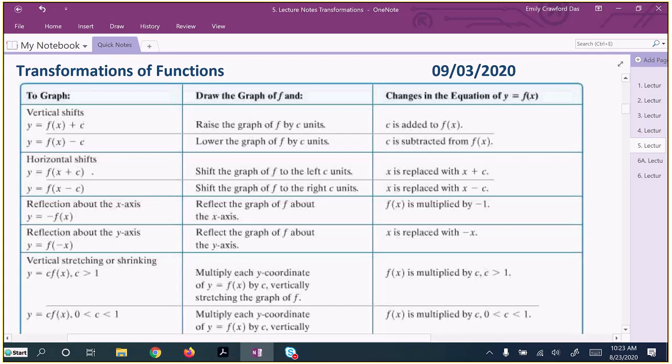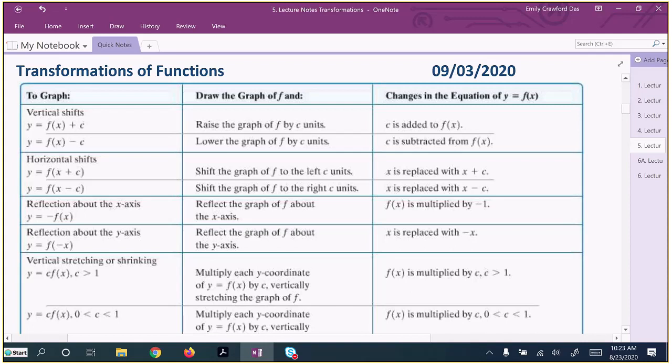Well, now you can see we're still adding or subtracting c, but this adding or subtracting c is taking place inside of the function f of x, or it is with the x-coordinate. Now there's a little bit of a twist here, because the change that happens when we add c is that we shift the graph to the left by c units.